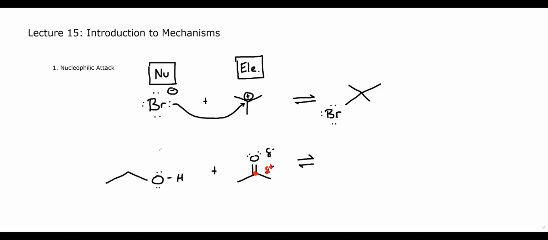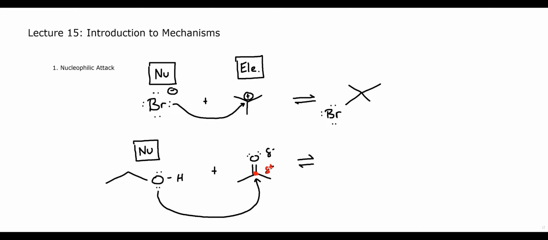So what actually happens here is that this oxygen could be a nucleophile because we have these lone pairs on these oxygens, and oxygen could go from 2 bonds to 3 bonds. So one of these lone pairs, it doesn't matter which one, I'm just going to select this one here. This could be our nucleophile, and it could attack an electrophile.